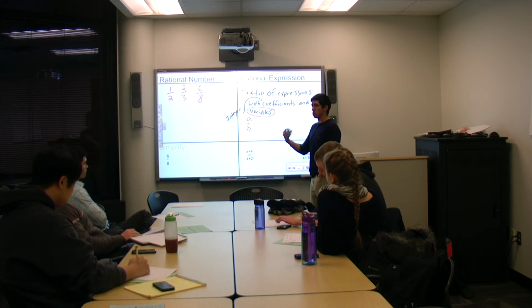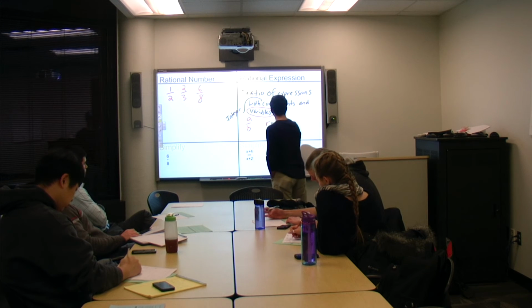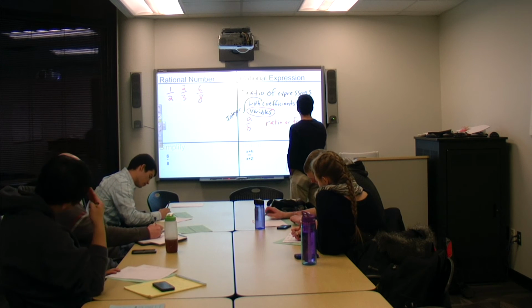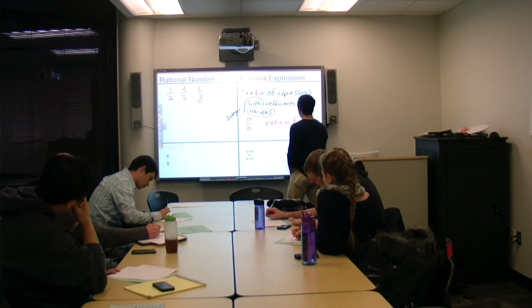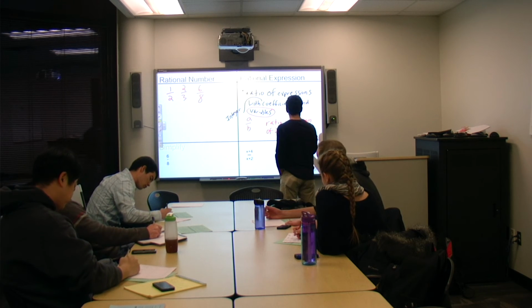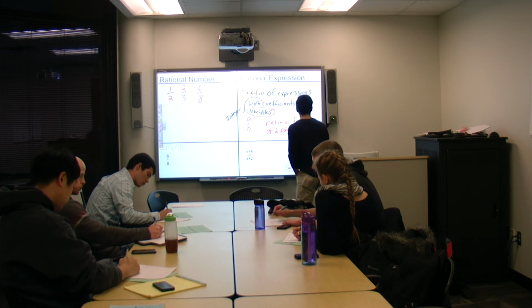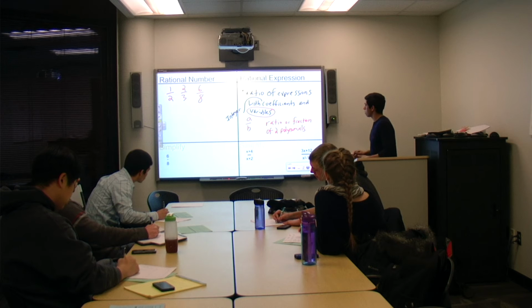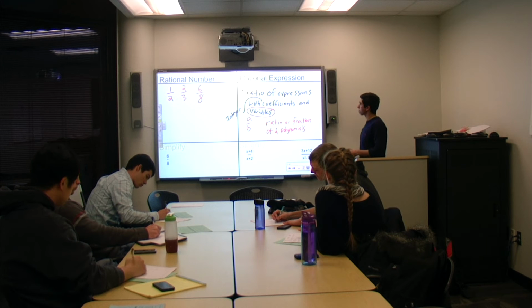So polynomials involve variables. So a rational expression is a ratio or fraction of two polynomials, and this was a great example that Dan just came up with, a over b, a ratio or fraction of two polynomials. Okay?